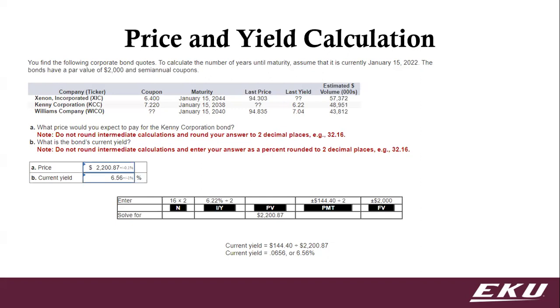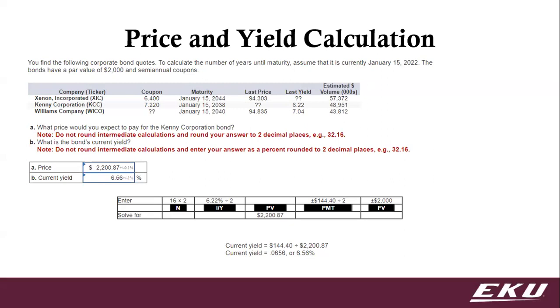So again, semi-annual means we're going to have to change our payment, change our interest rate, and change the number of periods. But we can put our future value in, we can compute the payment, 7.22% times 2,000, but then we'll divide that by 2.